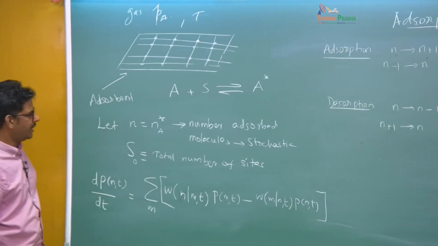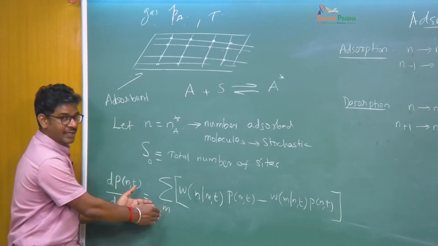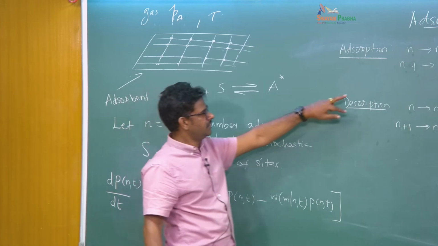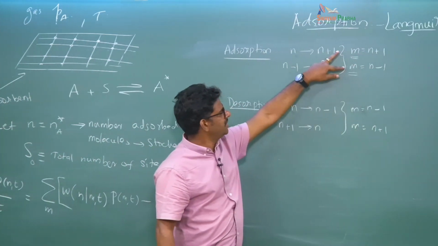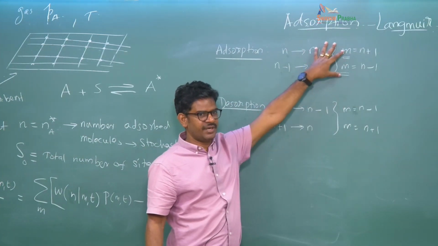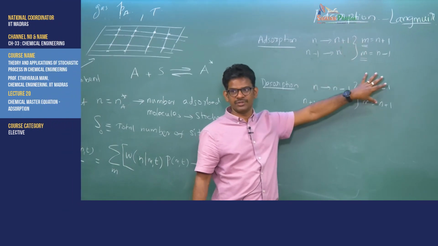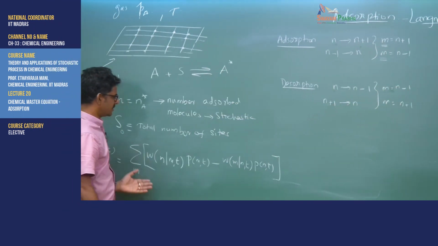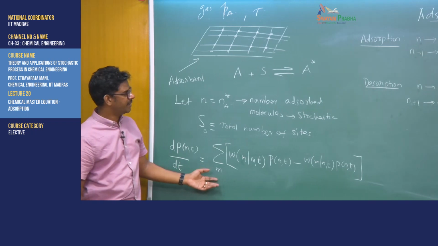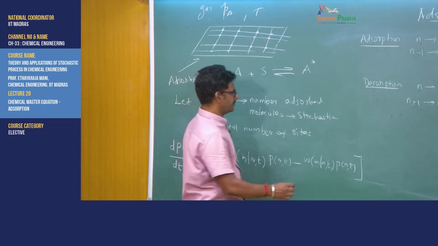So what I am going to do is write the m values, these two and these two, but these are two different things. This is an adsorption with two different rate constants, and this is a desorption with two different rate constants. Okay, so let's substitute for m is equal to 1 plus 1, n minus 1, and write this up.